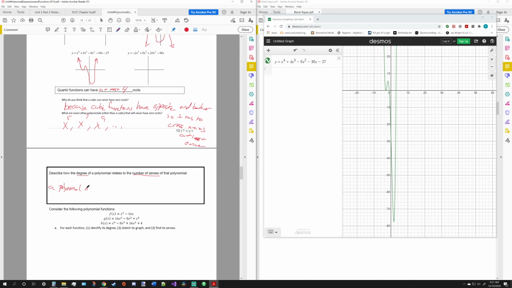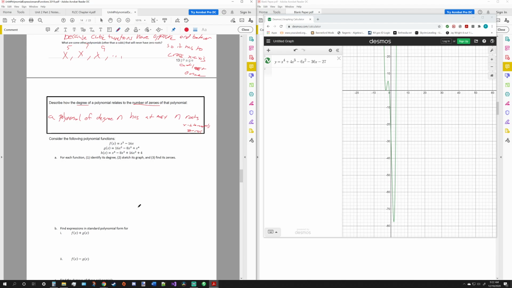A polynomial of degree n has at most n roots, or x-intercepts, or zeros. Okay, so a polynomial of degree n has at most n roots. So a polynomial of degree 5 has at most 5 roots. A polynomial of degree 14 has at most 14 roots, and so on.